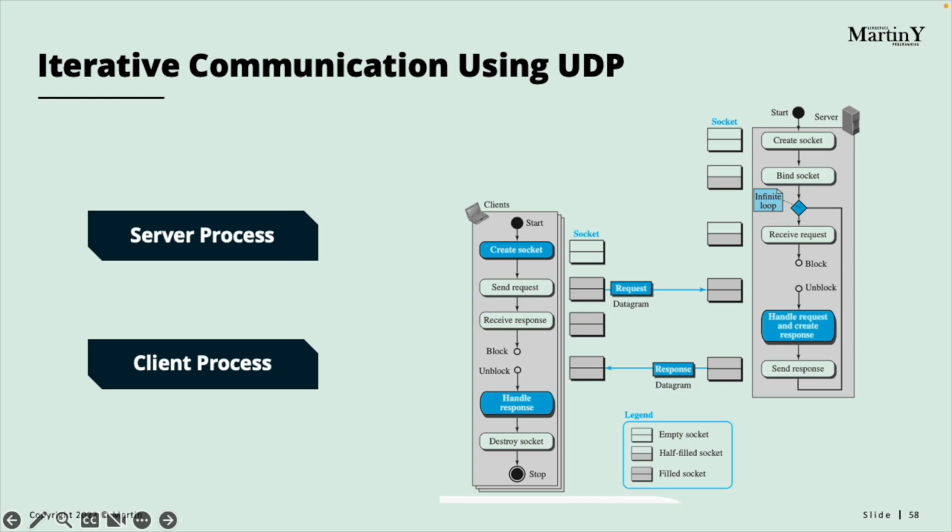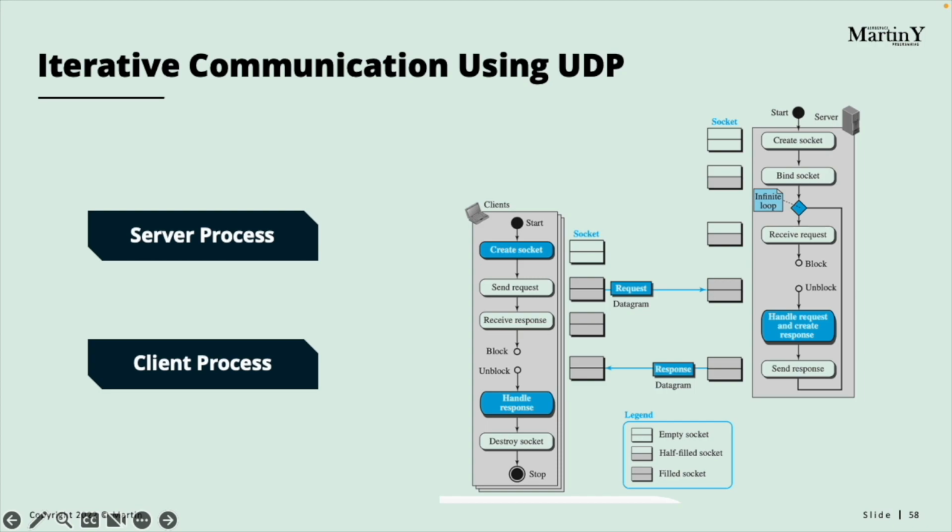After that, after we fill that, we block the socket and we just wait for some client to connect to us, so we can provide a service to that client. Okay. Once there is a client that comes to the server, it fills the remote socket address. Okay, so now the server knows, okay, I have a client connected to me, let's provide a service, and we get a request. So it handles the service, it provides a response, and after that it continues to wait for any other clients to request something from it. Okay?